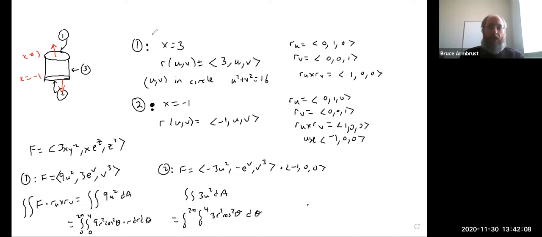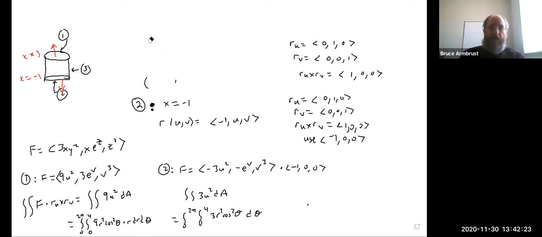Okay, so side 3, this is the one that's given by y squared plus z squared equals 16. So for that one, if I want to parameterize that, first of all, notice that the x's can be whatever we want. The x's, they're going to range from minus 1 to 3.